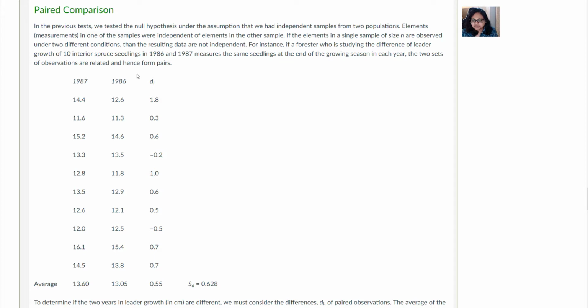So it's the same in here, from 2 different years, but the observations are the same. That's why we have to take the difference between the values, and then use that in our test.